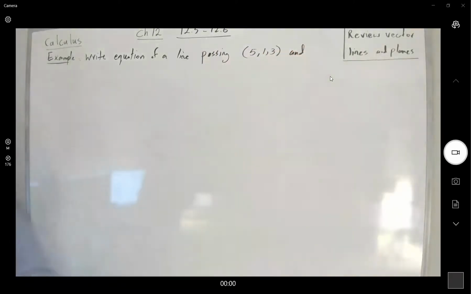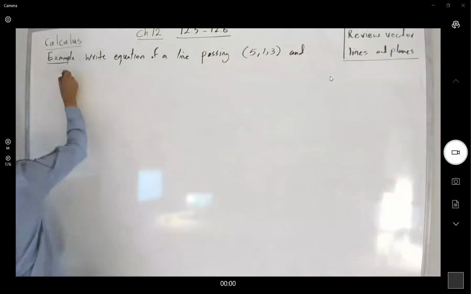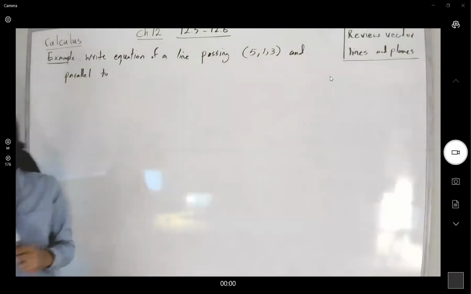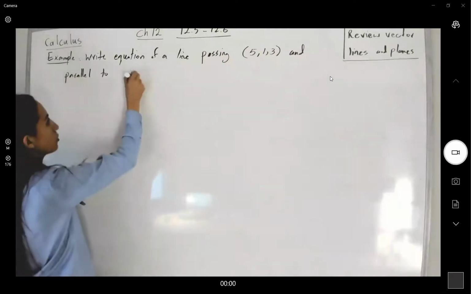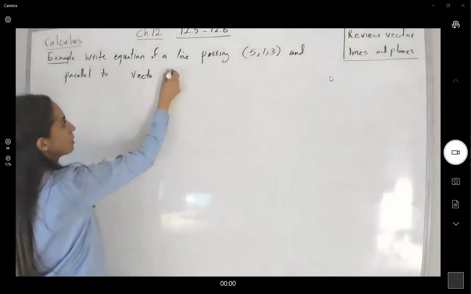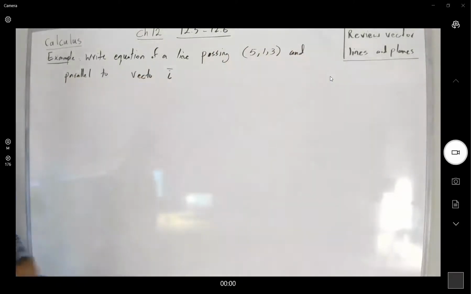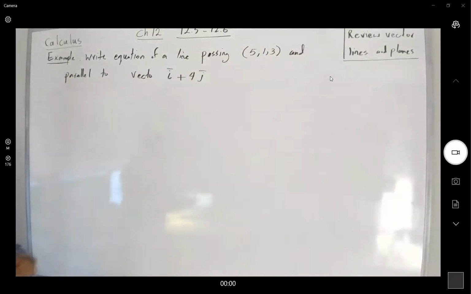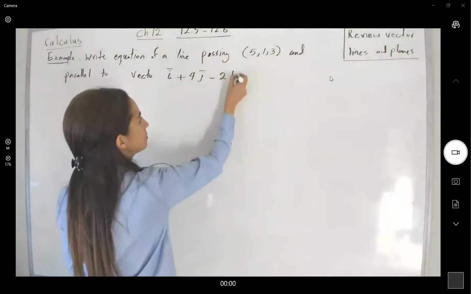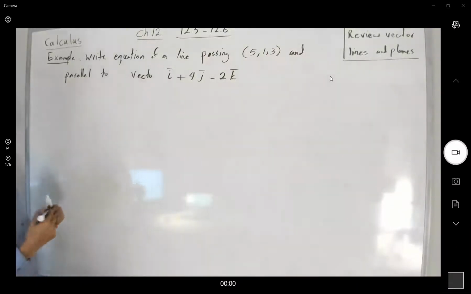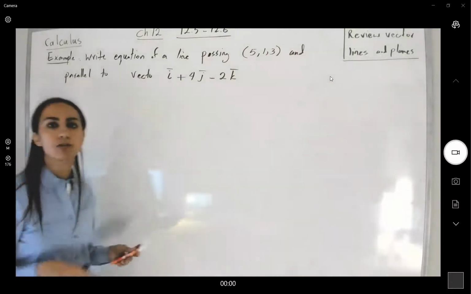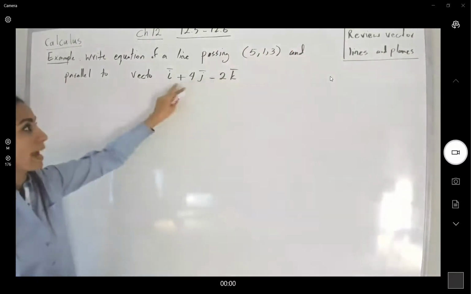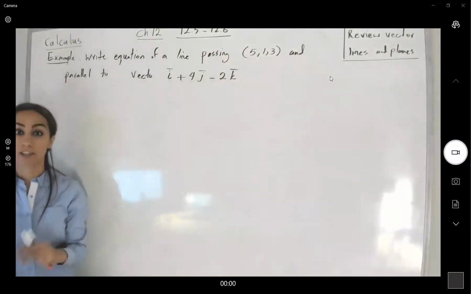And it is parallel to vector, what is our vector? I plus 4j minus 2k. Very well. So we're going to write down the equation of the line. The line passes through this point and it is parallel to this vector.